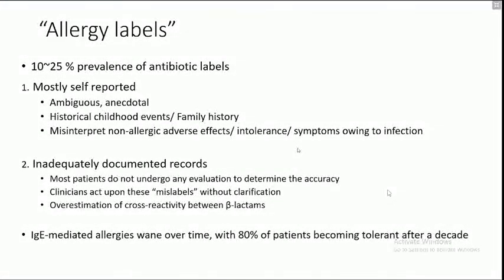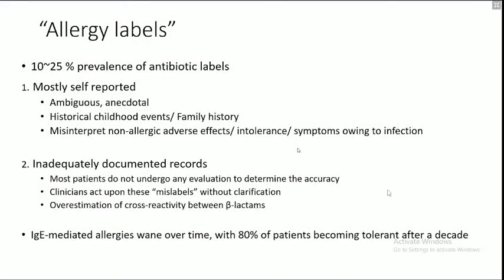So when you take the history, you ask for history of drug allergy, and when they say yes, you ask which drug, and sometimes the patients don't know the name of the drug and they just describe, saying that the drug was prescribed for an infection and it was this color, blue and white, and then you assume that it's amoxicillin and you record it as amoxicillin allergy, and you don't go into details of the reaction.